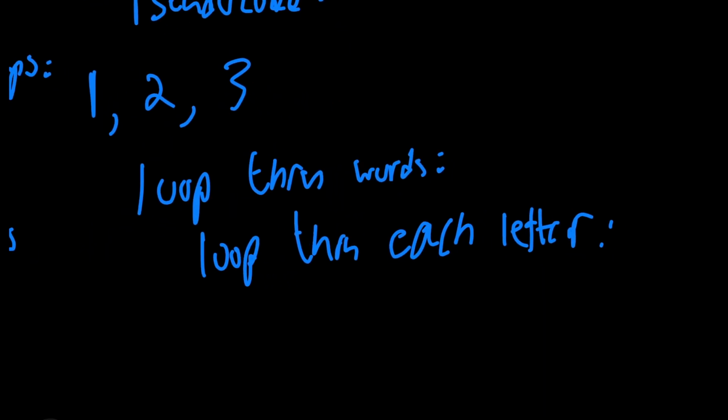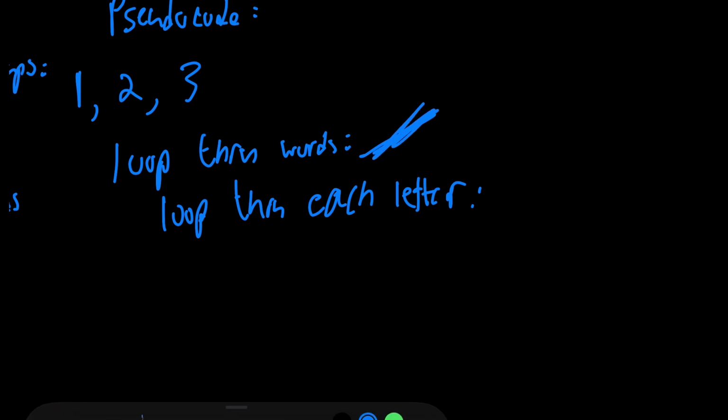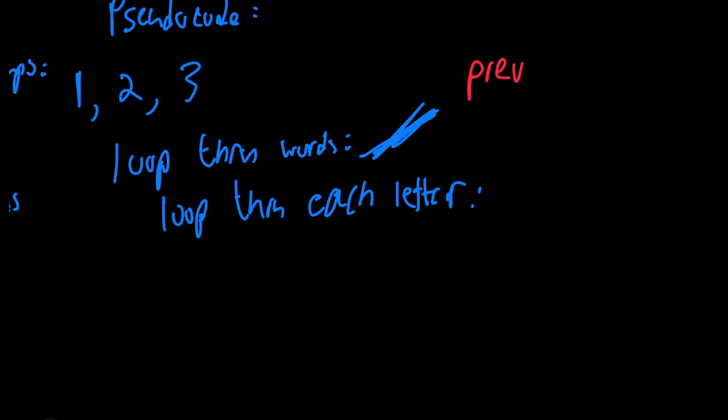Okay. So we're going to be using a few variables here, and I'll write this in red so they're clear. The first variable we're going to use is previous. And this is going to keep track of what group the previous letter is in.